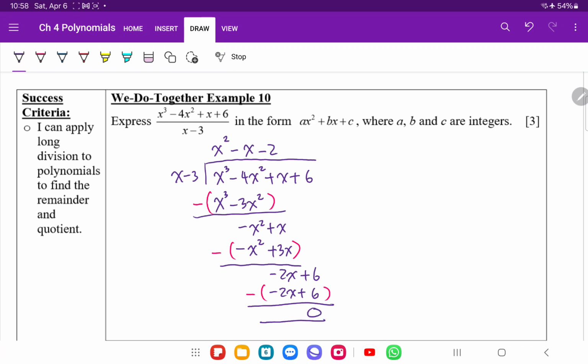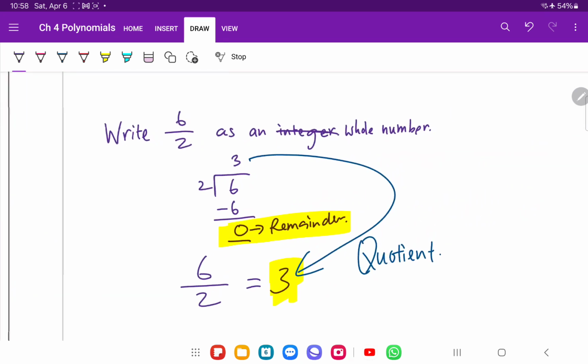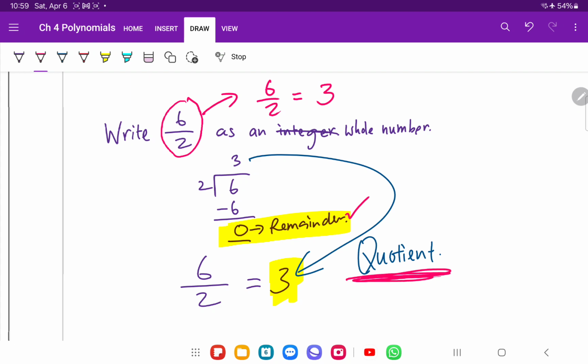So after we have done the long division, how do you express your answer in this form? Now, why is it that the answer is written like this? I need you to think back on a simple long division. Do we all agree that 6 divided by 2, because the remainder is 0, I can write 6 divided by 2 as a number 3? And where does number 3 come from? It came from the quotient.